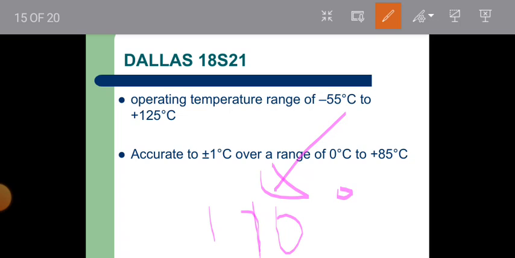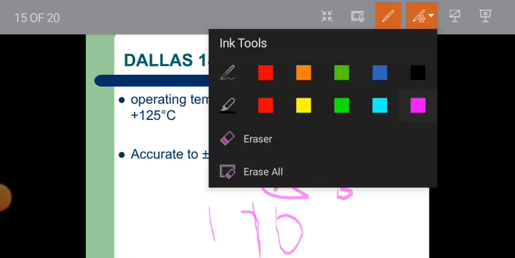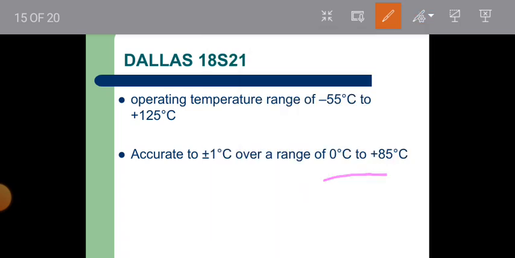It is accurate to positive or negative 1 degree centigrade over a range of 0 degrees to positive 85 degrees centigrade, as you can see on your screen. So this is very important to know the accuracy of our data.